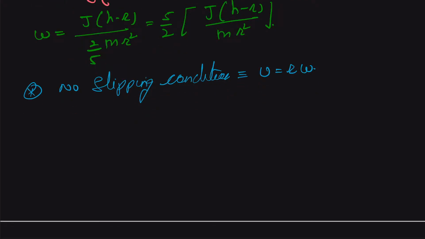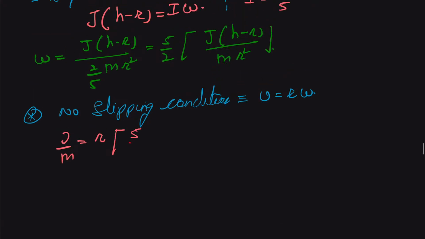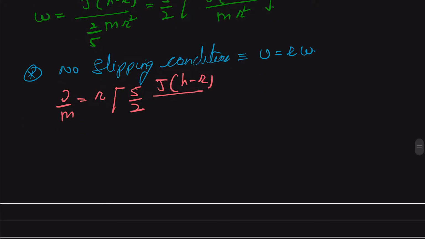Therefore, V is our J upon M, and omega we just calculated is our 5/2 J times (h minus R), and this is our MR square.